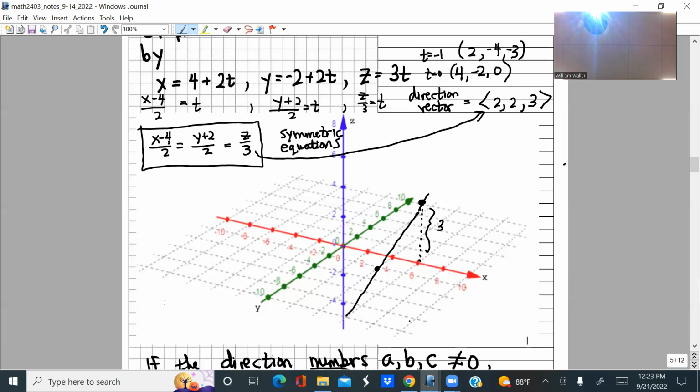So you can see that one point on this line would be 4, minus 2, and since this is z minus 0, 0. The reason I say minus 2 here and positive 4 here is you want to think of your symmetric equations in general like this.